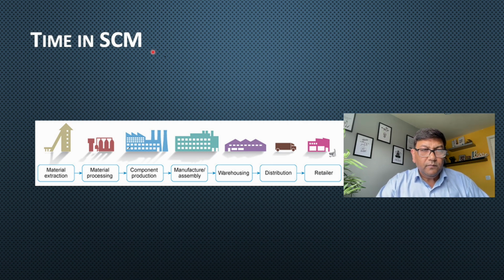Now, consider lead time in the supply chain. For example, you order something from a retailer, and the retailer doesn't have it in stock, so they order it from the warehouse. The warehouse ships the product to the retailer, and the retailer ships the product to you.